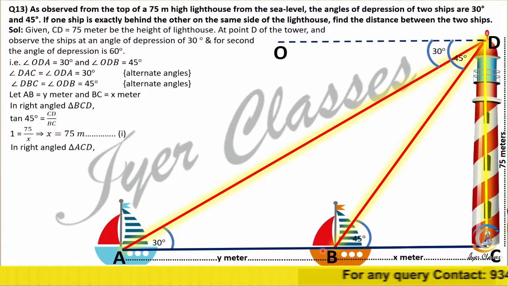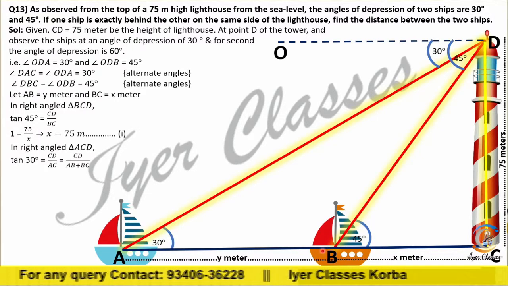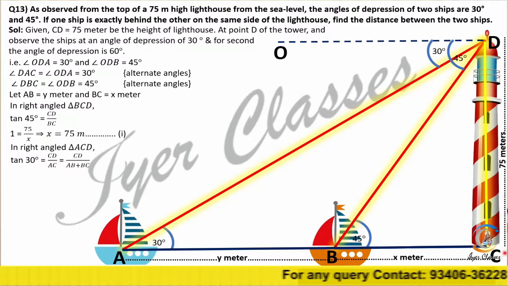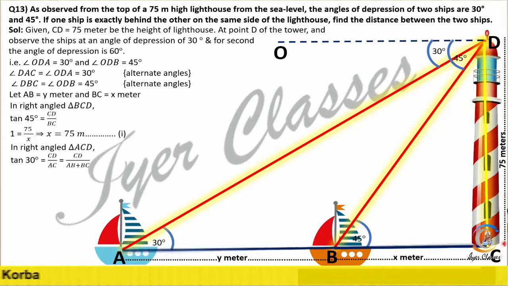Now go to the triangle ACD, and in this triangle we can see that the angle here is equal to 30 degrees. So in this triangle ACD we know that perpendicular is again CD and the base is AC. But AC here is equal to what? AB plus BC. So put the values.